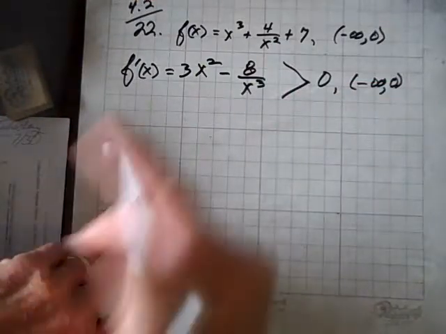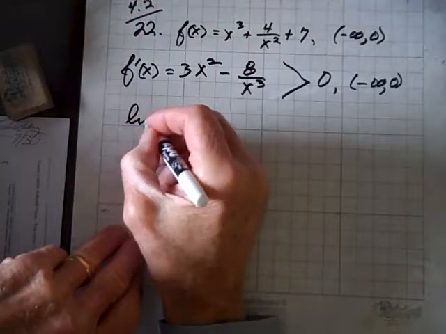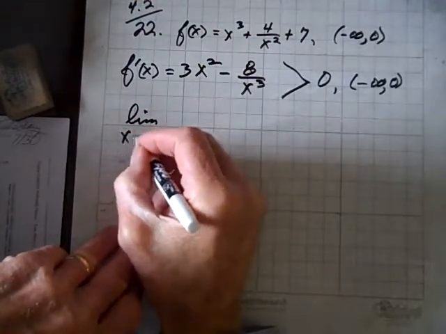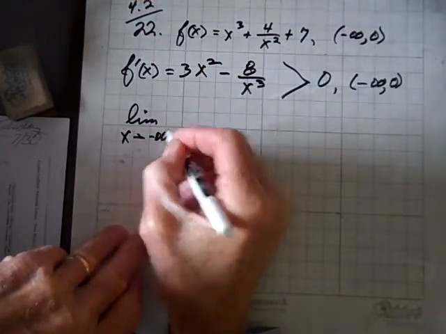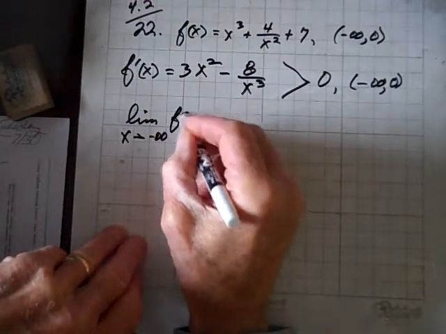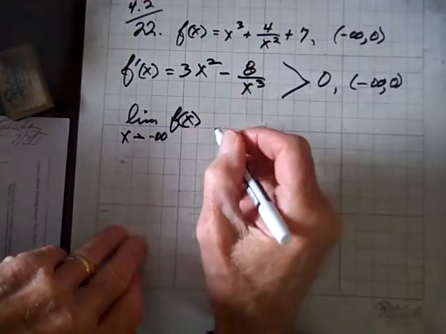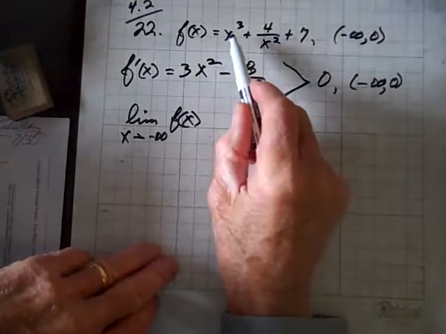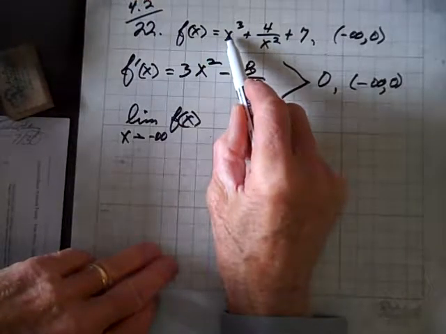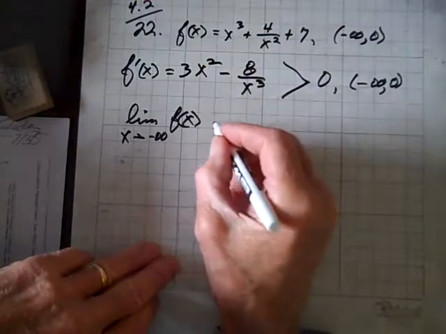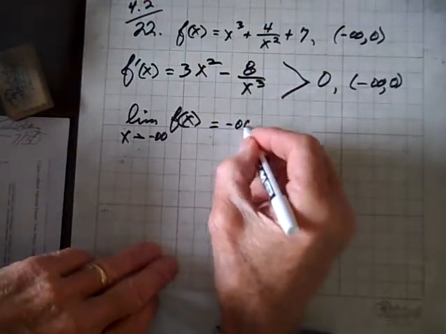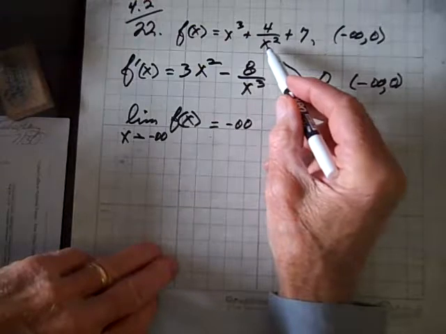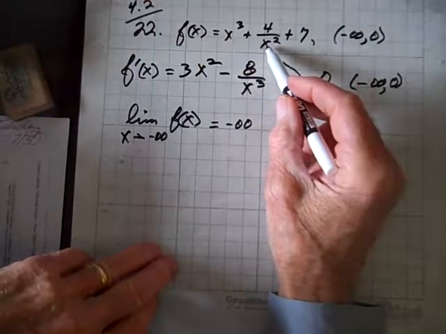Now let's look at the limit as x goes to negative infinity of f of x, and see whether we get a positive or negative value. As x goes to negative infinity, the first term is going to go to negative infinity. The next term will blow up.